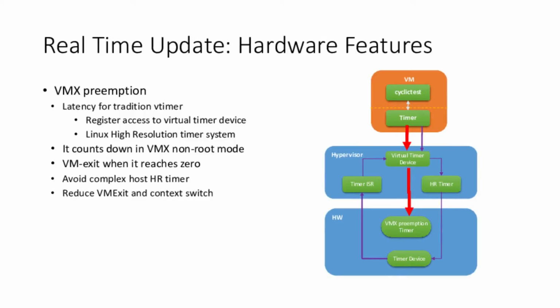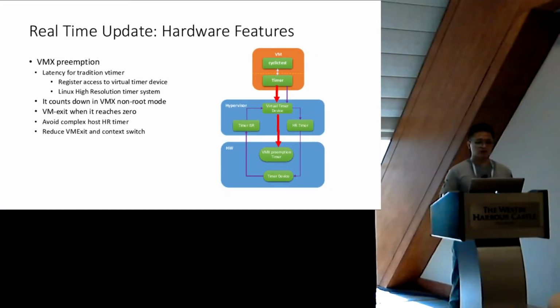This feature is about the VMX preemption timer. The traditional timer has some disadvantages. For example, if the VM wants to set up a timer, it first needs to configure the virtual timer device in the VM. That will cause a VM exit, then KVM and QEMU get control. The hypervisor needs to emulate this virtual timer device.